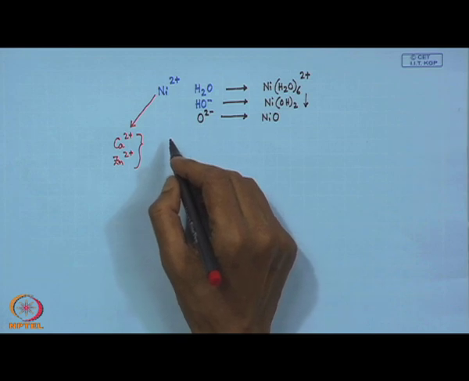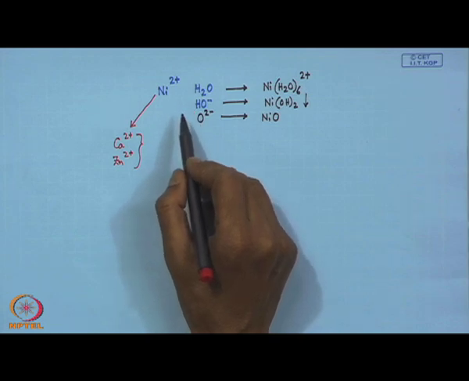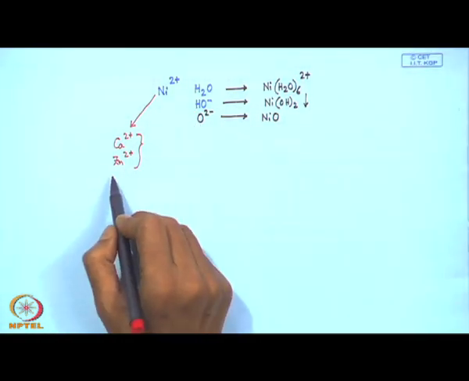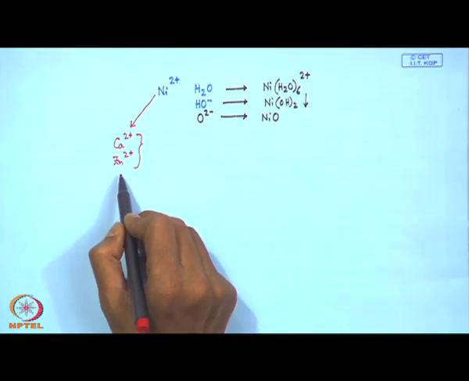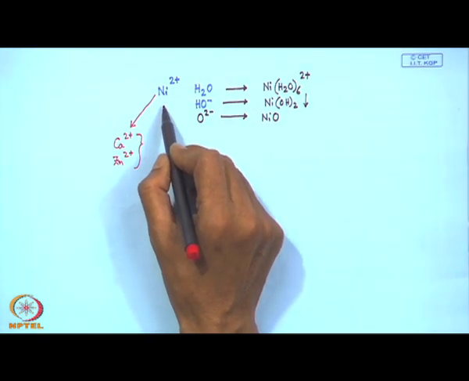So, in today's class we will see how these interactions are completely different when a particular metal ion has no d electron in its orbitals and when the metal ion has some d electrons in it.